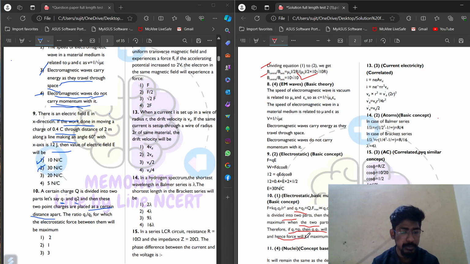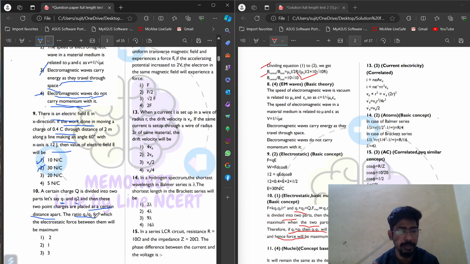So if the charge is divided into two equal parts, the product of the two is greater than if one part is greater than the other.